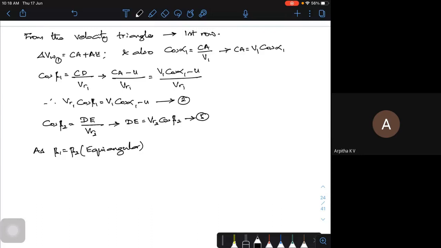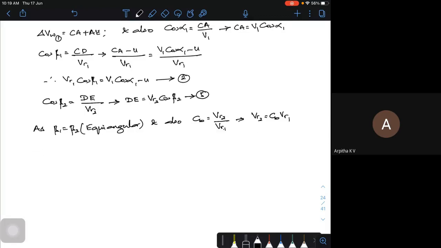Also I have CB is equal to VR2 by VR1, or VR2 is equal to CB into VR1. So DE is equal to CB into VR1 into cos beta 2.